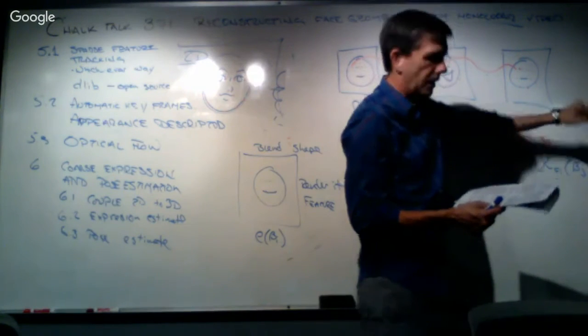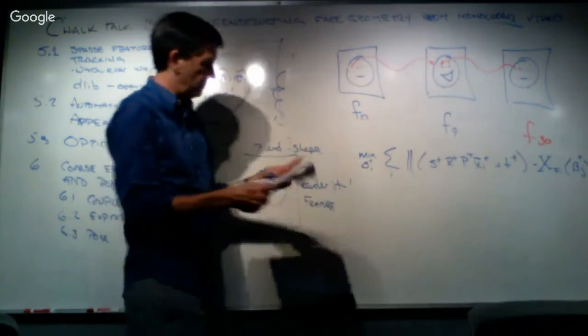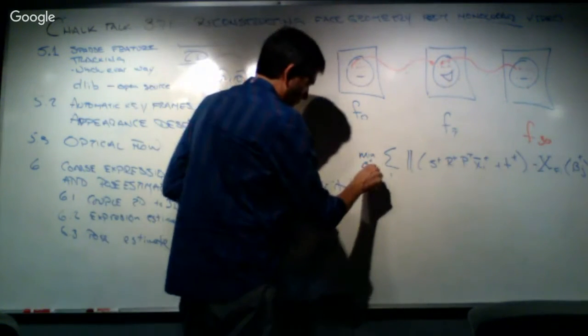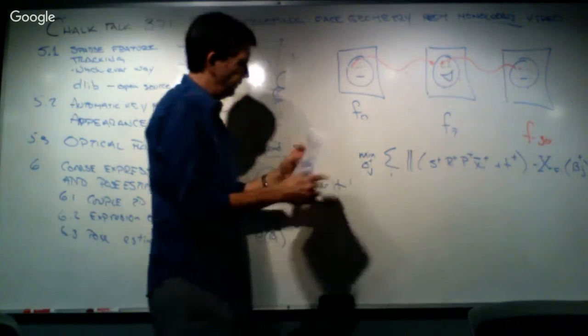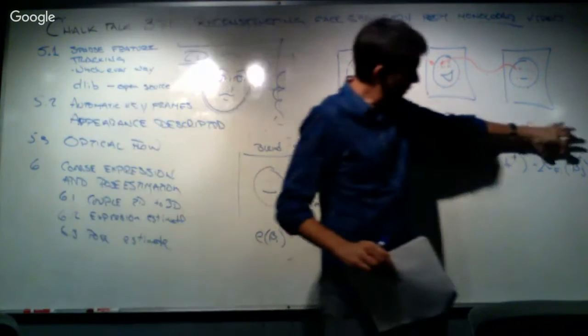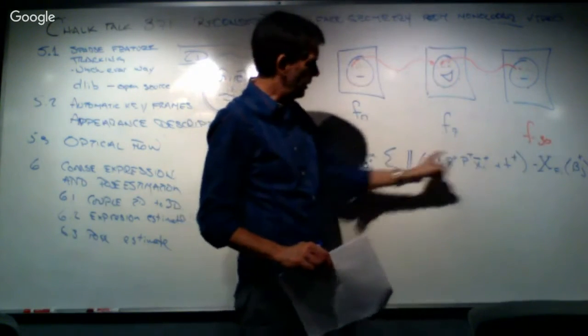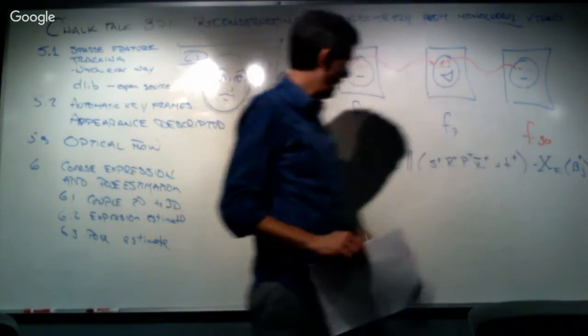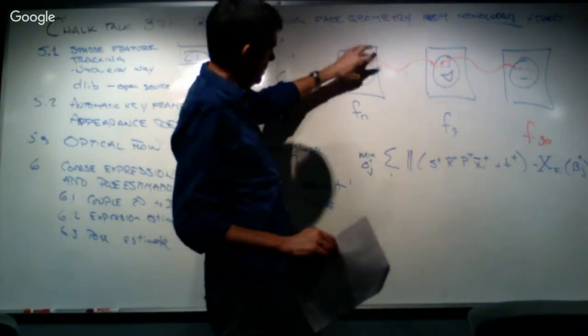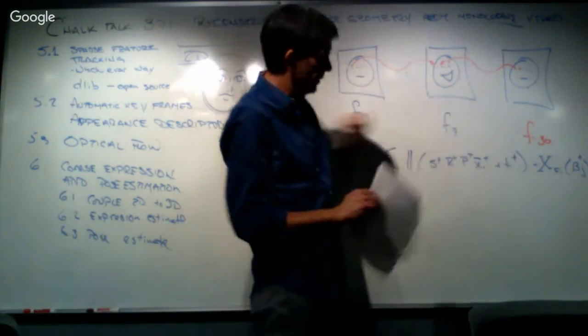We don't know the betas, this should be a j, sorry. We're trying to figure out the best values, the betas, that adjust our blend shape model so that this subtraction, as we sum up over all 68 features, is the smallest.